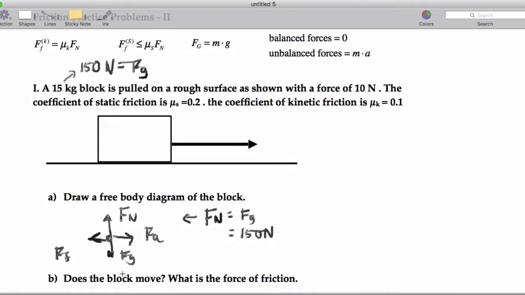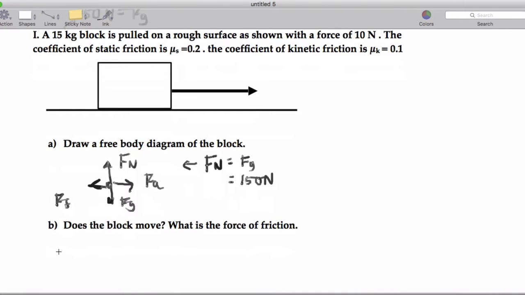Let's see if it moves. To do that, we're going to take the maximum static friction as mu static times the normal force. And in this case, that's going to be 0.2 times 150.